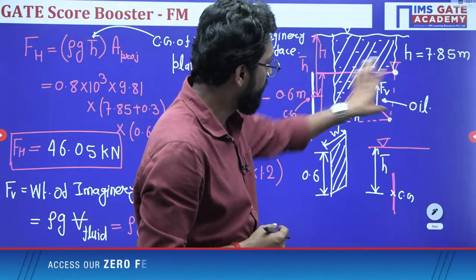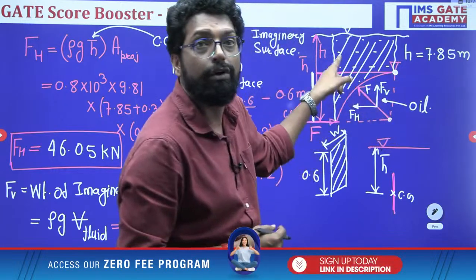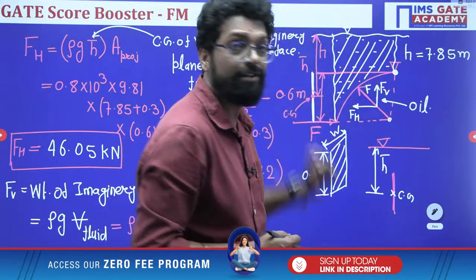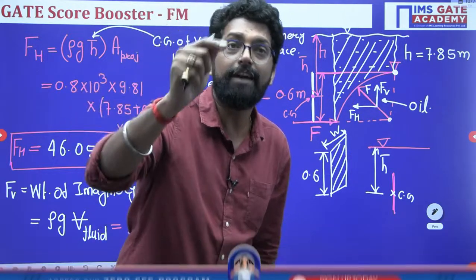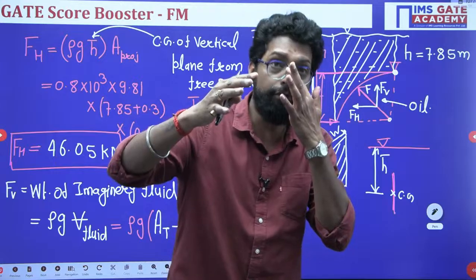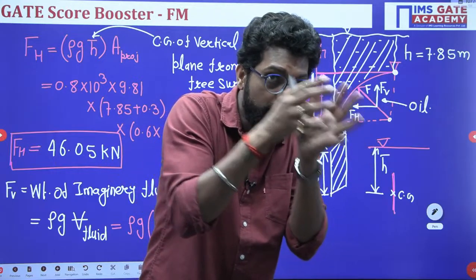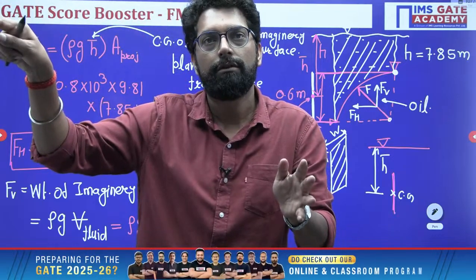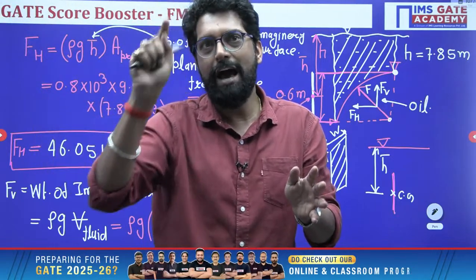So this F into this distance, and there is a resultant force. How do we calculate the resultant force? Because this is a curved surface, and a curved surface exerts a resultant force. The resultant is the square root of Fh square plus Fv square.